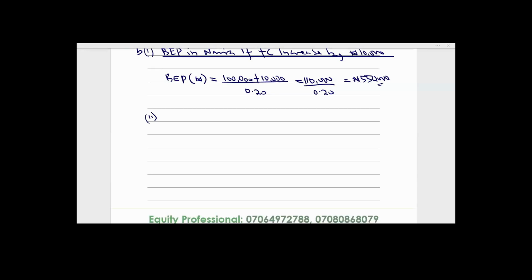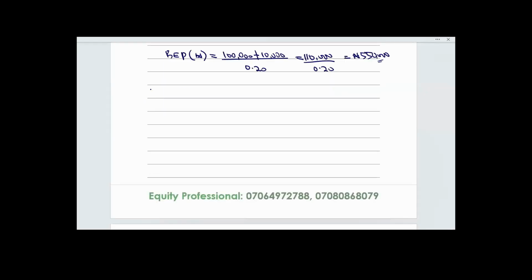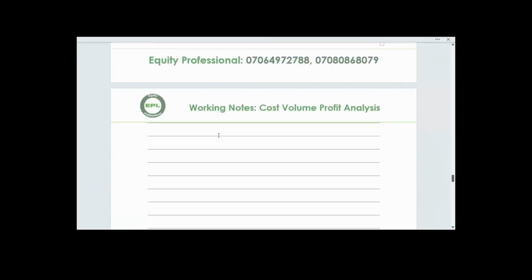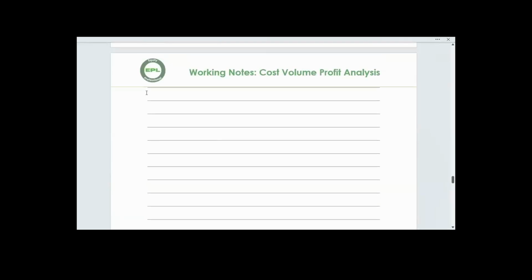In this case, we need to calculate a revised income statement. Let me move to the next page because of space. All right. So 3 things you are going to do. First thing first, you need to calculate a revised income statement.